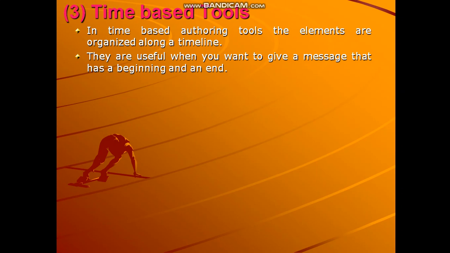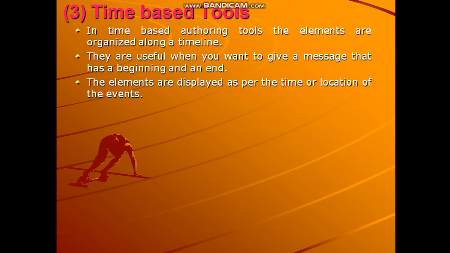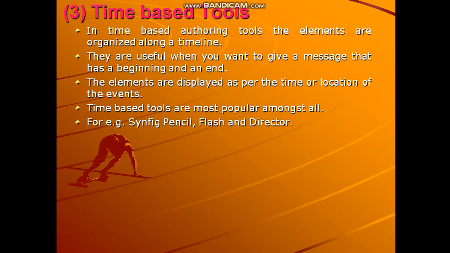So there are 2 points, starting point and ending point. In between these 2 points you can create animation. The elements are displayed as per the time or location of the events. Time based tools are most popular amongst all.